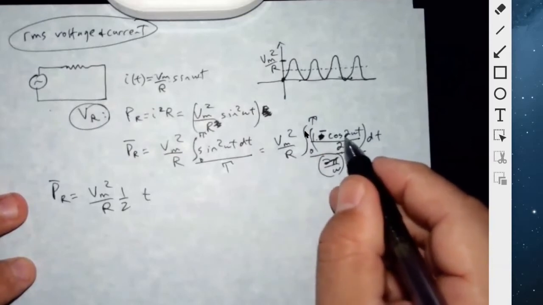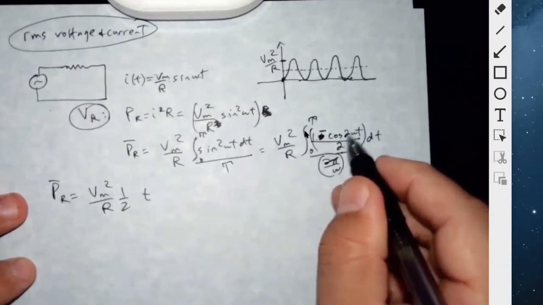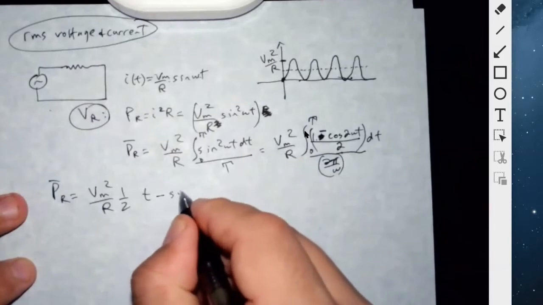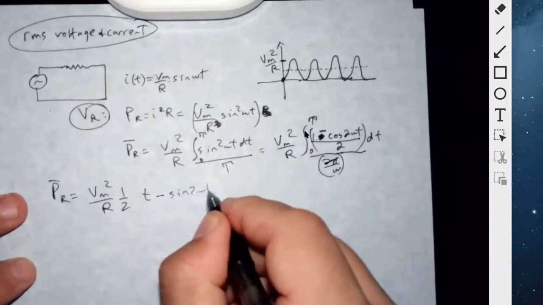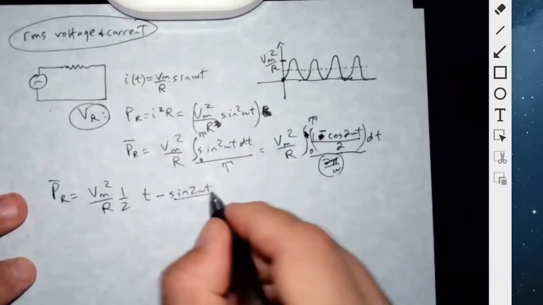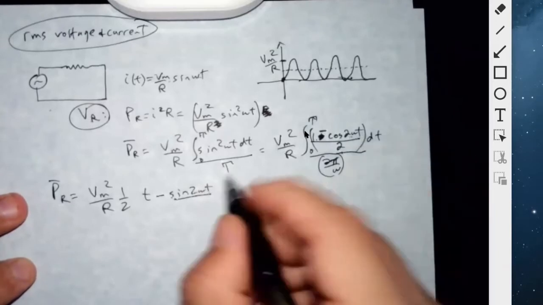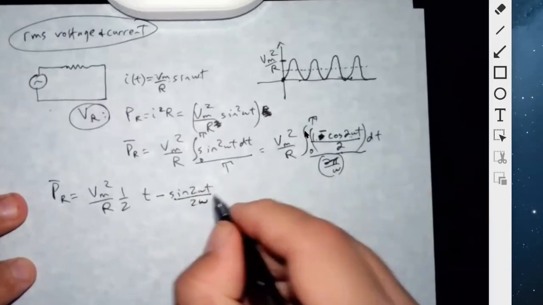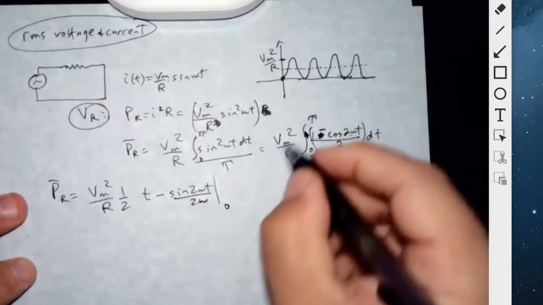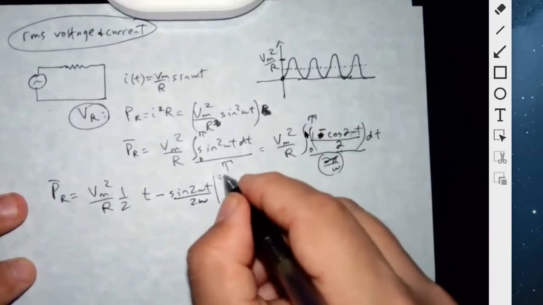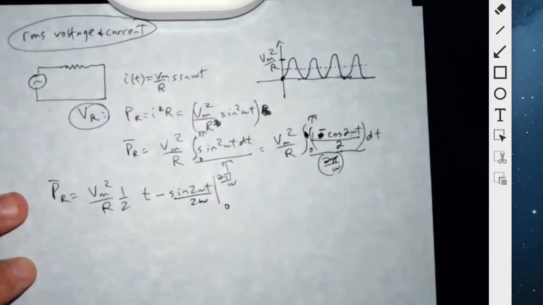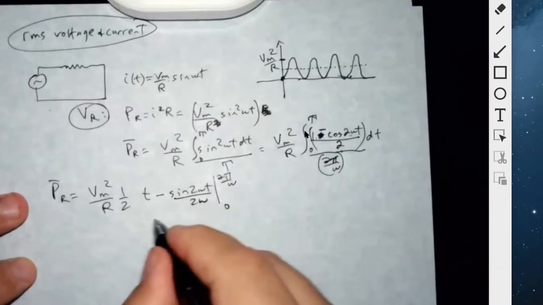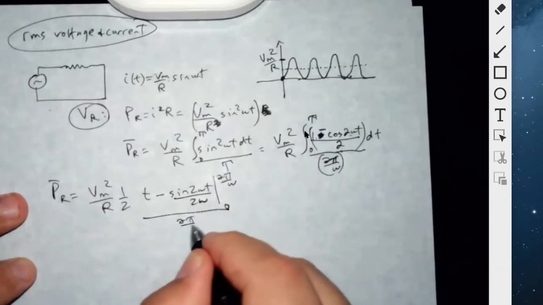And the integral of this guy is going to be negative sine 2 omega t over 2 omega, from 0 to the period, which is 2 pi over omega, all over 2 pi over omega.